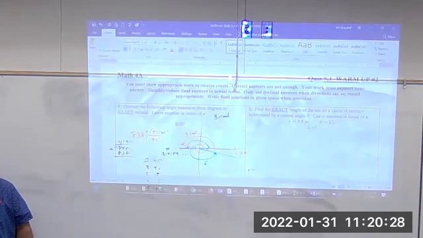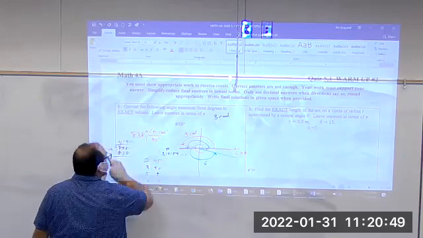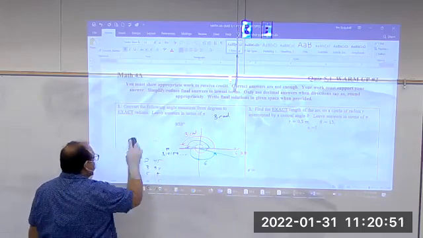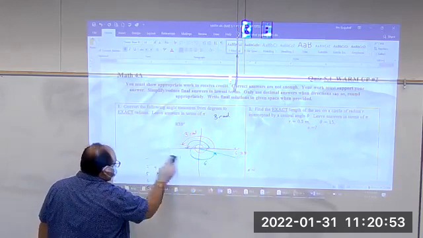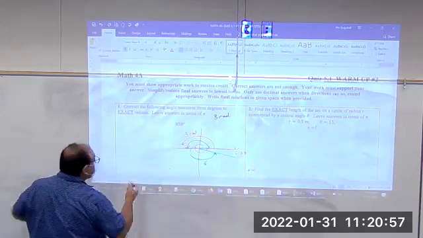So 3 times pi, that's 3 times almost 3.14, so that's more than 9. 4 times pi, 4 times 3.14, that's more than 12. 5 times pi, 5 times 3.14, that's more than 15. 5 pi. Not that you have to do this, I'm just showing you that you can have 15 exact radians.